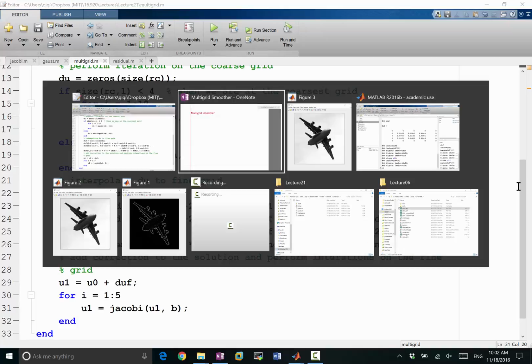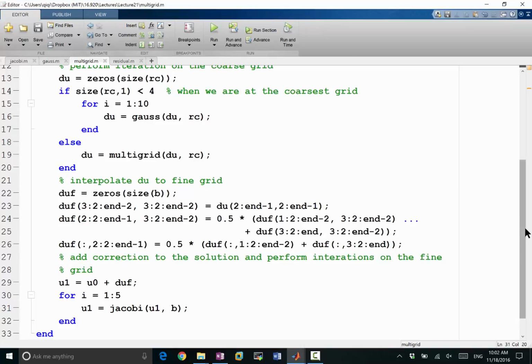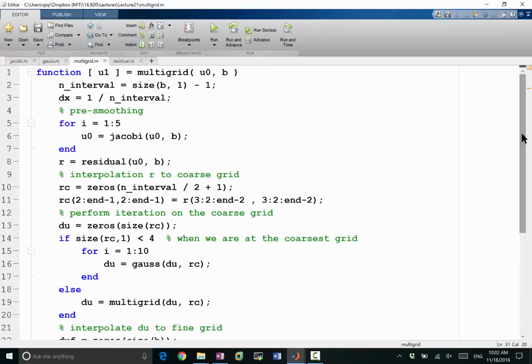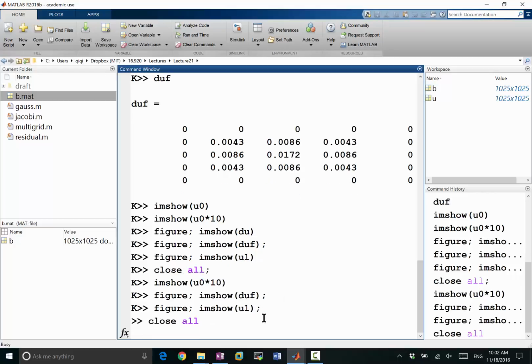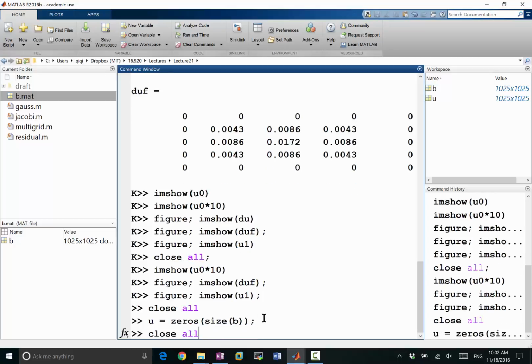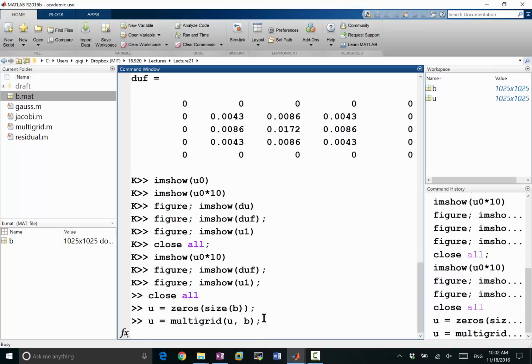Now I just changed the pre and post smoothing operations from Gauss-Seidel to Jacobi, and let's see what is the effect. Let's also make a bunch of zeros and perform one multigrid cycle. U is equal to multigrid of U and B. Let me show U. What do you think we're going to get?